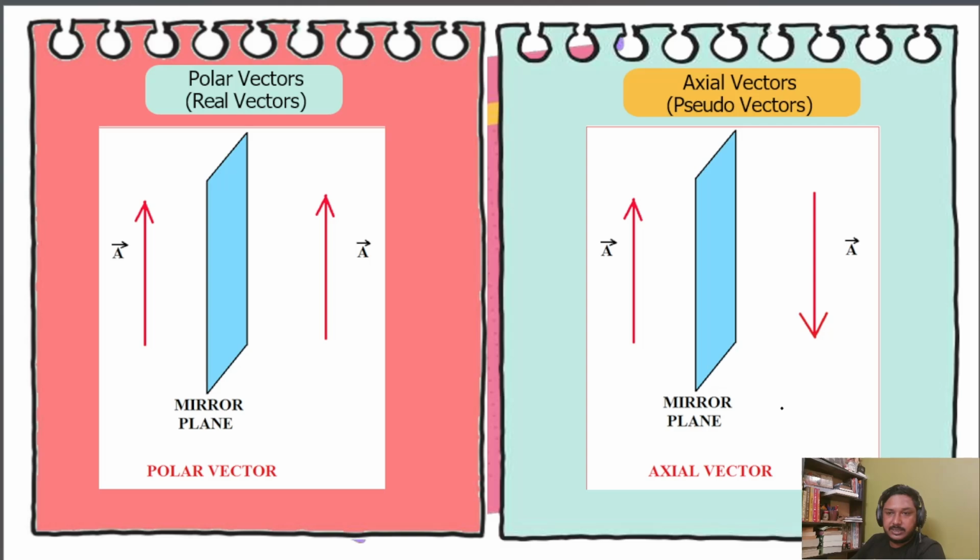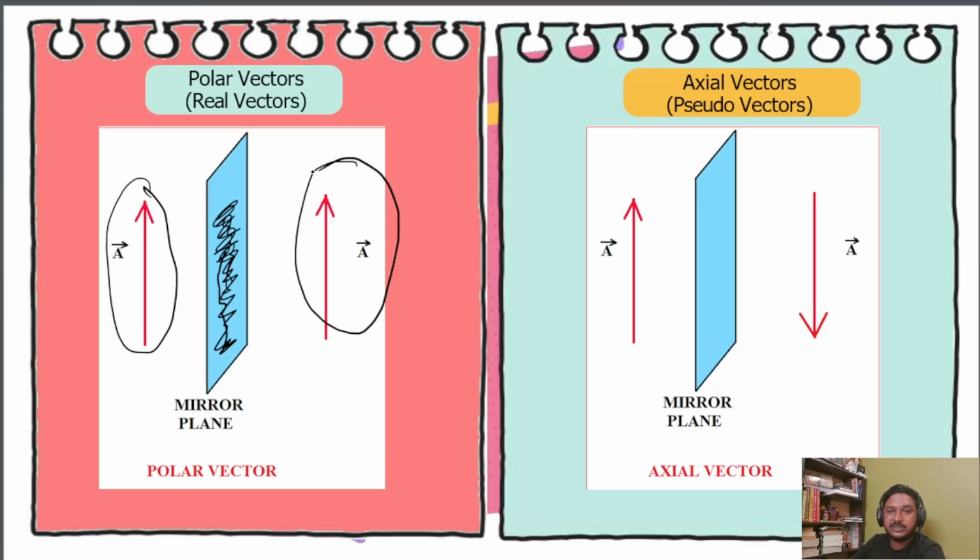So as you can see in this slide on the screen, that is what I had explained. In case of polar vectors, if the plane mirror is kept parallel to this vector A, the reflected vector has the same direction, it doesn't change.